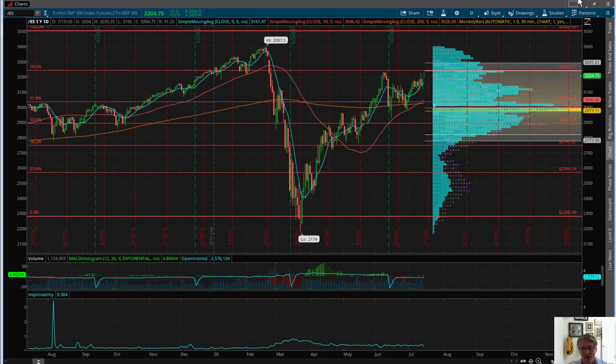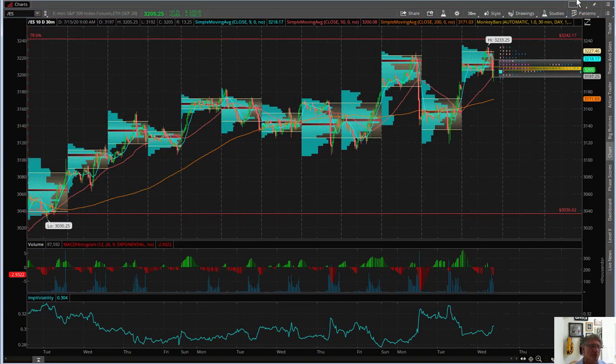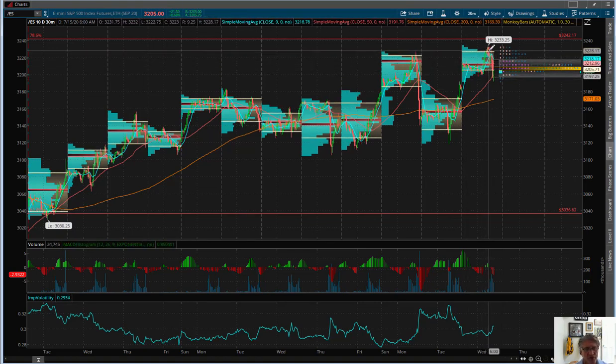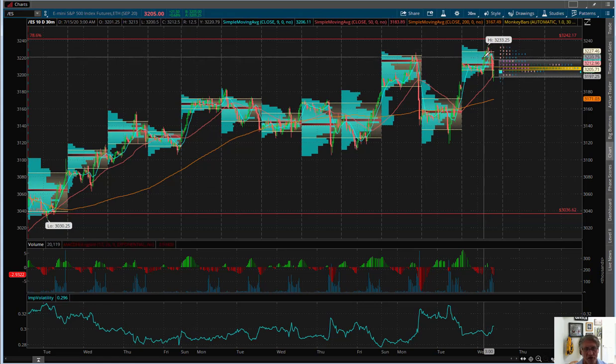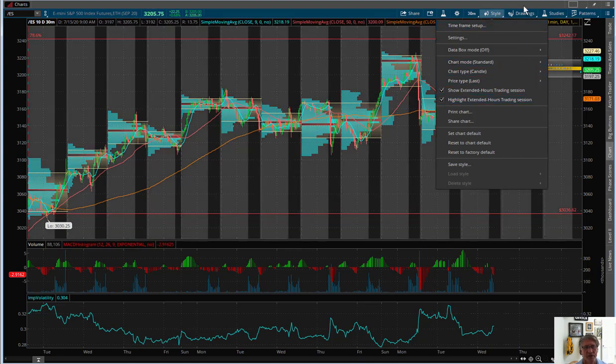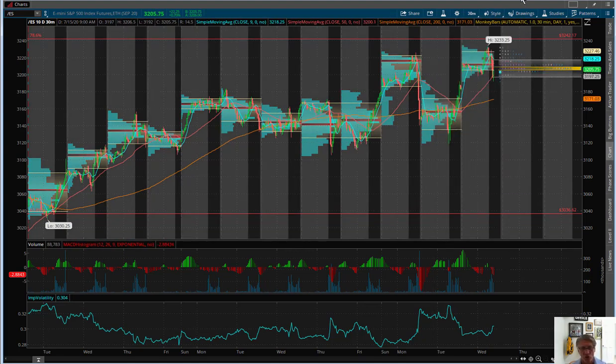Let's break down the E-mini S&Ps on the 30-minute chart here. Pretty much the euphoria overnight of all of the information coming out about the possibility of vaccines for coronavirus. You can see that we've got that move higher coming into today, really flushing out those longs from the overnight inventory. That's a pretty good sign when we see that flush out.